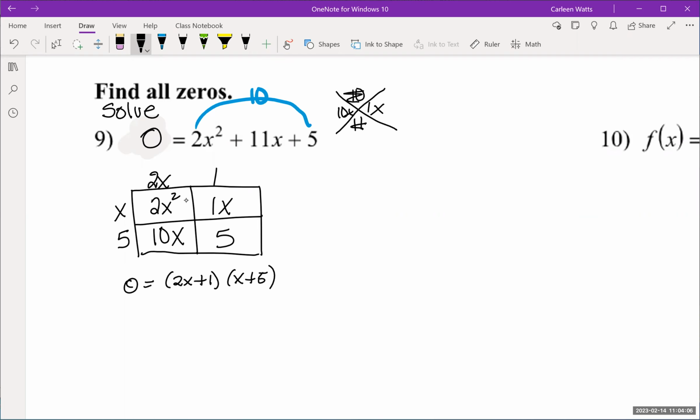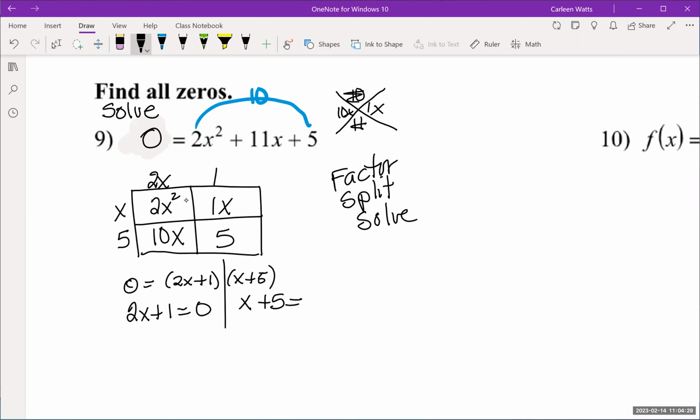Are we done? No. Problems are getting longer. Factor, split, and solve. 2x plus 1 is equal to 0. X plus 5 is equal to 0. Ooh, yeah, but we want to find the zeros, so we're going to have to split and solve.